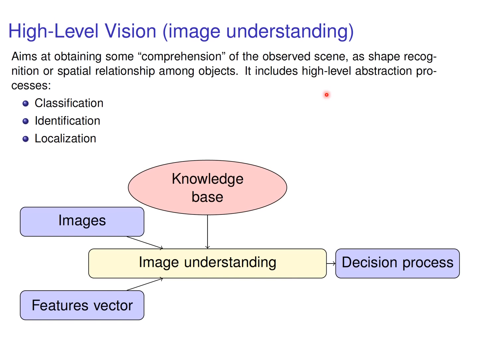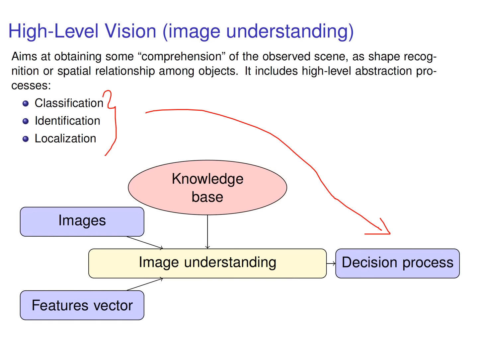It includes high-level abstraction processes. If you really want to do medical imaging, these are the 3 things you do: classification, identification, and localization.